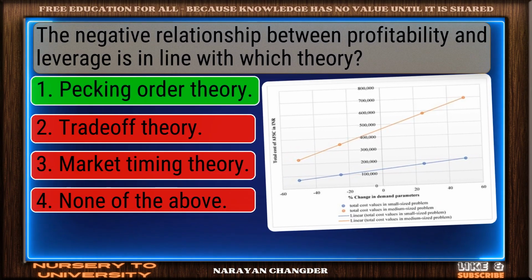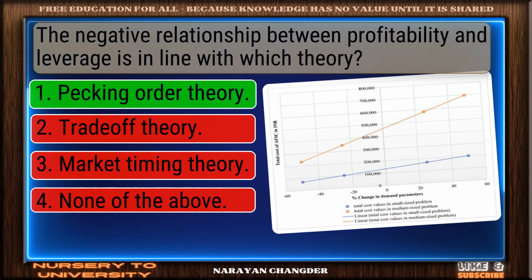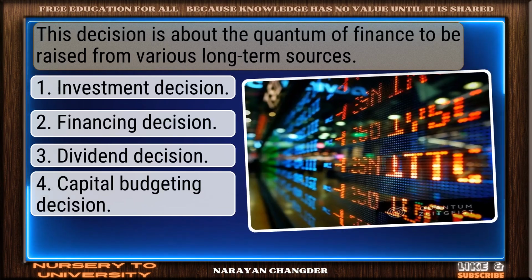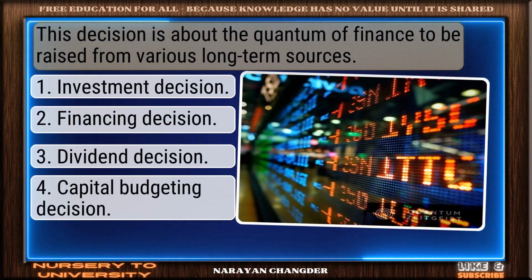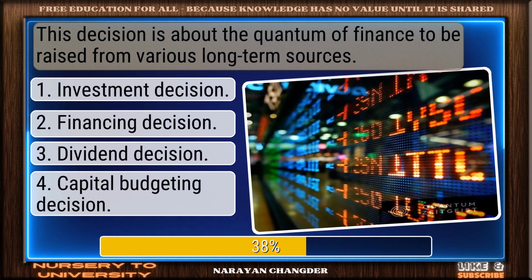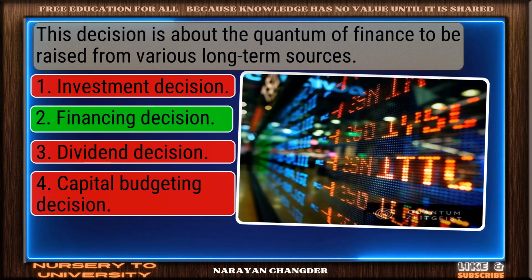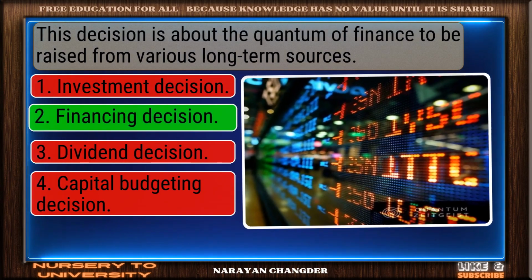Clear logic. Your choice pecking order theory is sound and 100% true. This decision is about the quantum of finance to be raised from various long-term sources. Correct response. Financing decision is the most accurate answer.